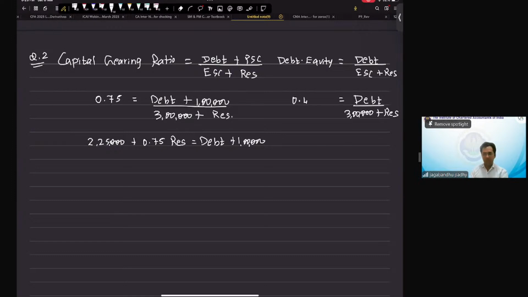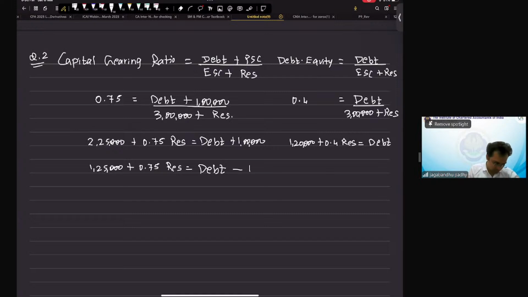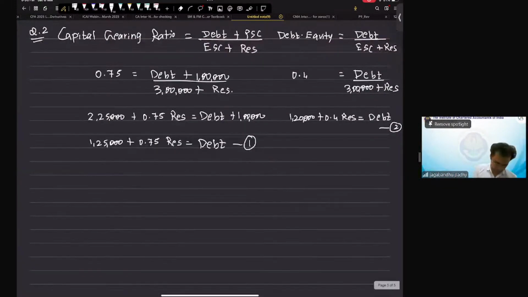So let's keep debt on one side and all the rest of the terms on the other side. So that 1 lakh coming on this side will make it 1,25,000 plus 0.75 reserves equal to debt. Then 0.4 into 3 lakh, that is 1,20,000 plus 0.4 reserves is equal to debt. This is my equation number one. Equation number two.